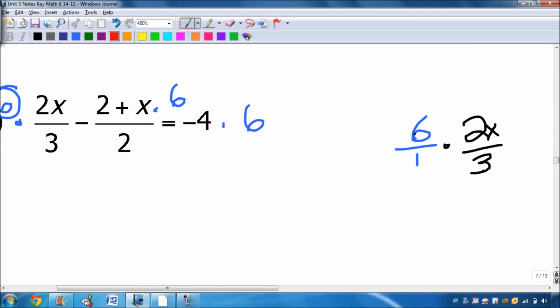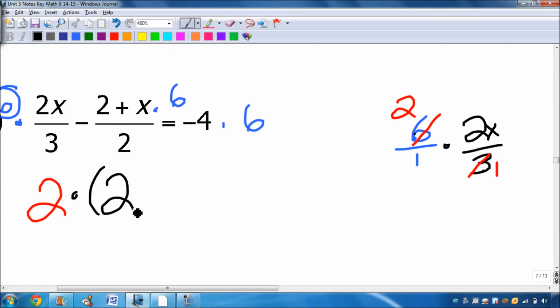So when I divide 3 by 3, I get 1. And when I divide 6 by 3, I get 2. So this ends up becoming 2 times all of this right here, this 2x right here. And then it's technically over 1, but anything over 1 is itself, okay? Hopefully that makes sense to you. Let's do the next one together.